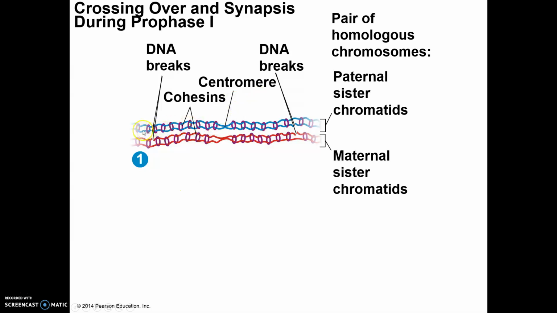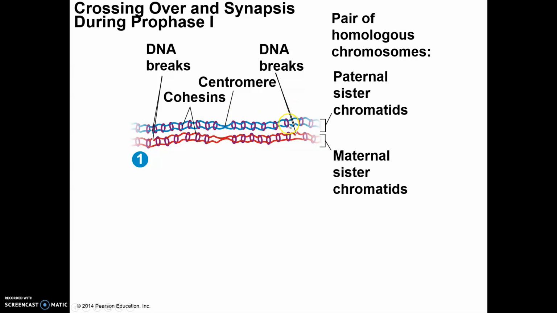So here we have both of those chromosomes from the paternal, and here's the maternal sister chromatids. So we have 1, 2, 3, 4 copies of chromosome 1, 2 being from dad, 2 being from mom.